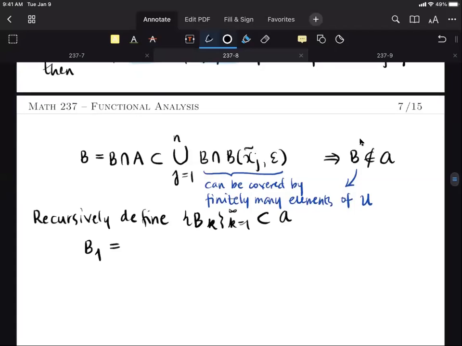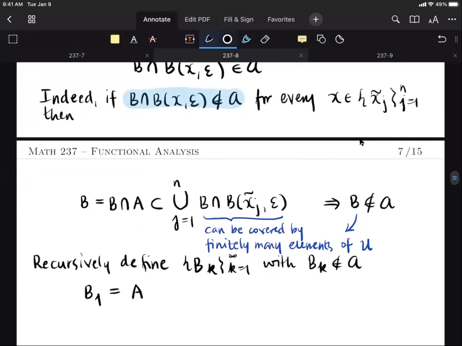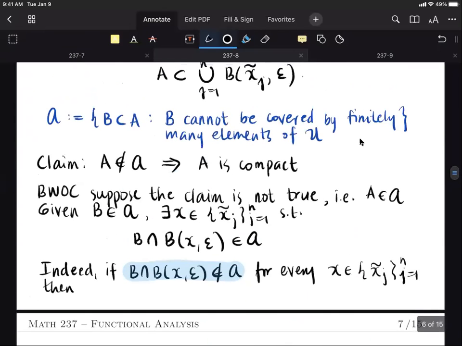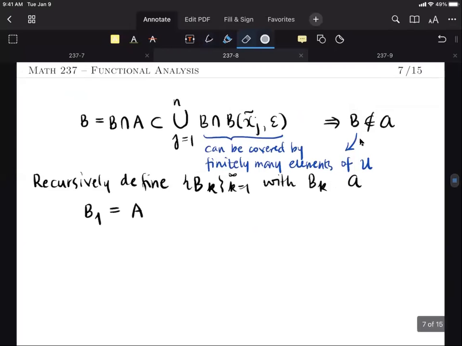B1 is equal to A. I should say B_k not in A. Let us set B1 to be A. And here, suppose that the claim is not true, so A is in script A. So again, this must be an element.